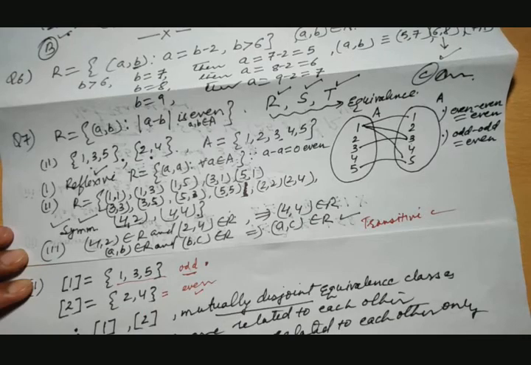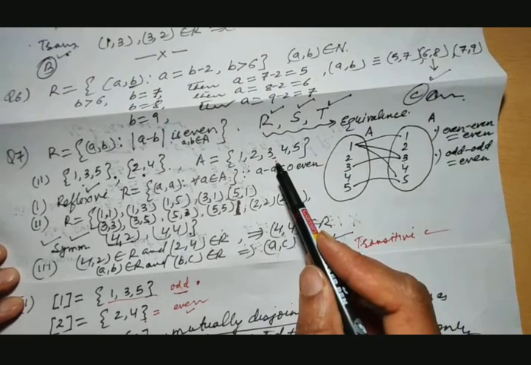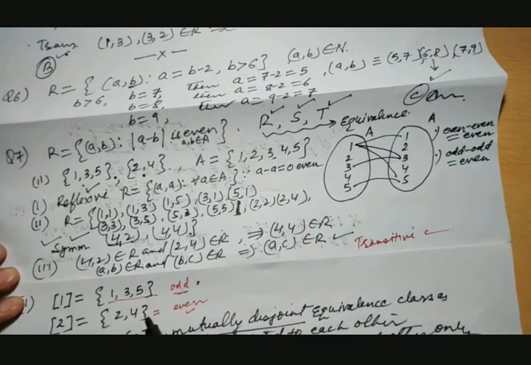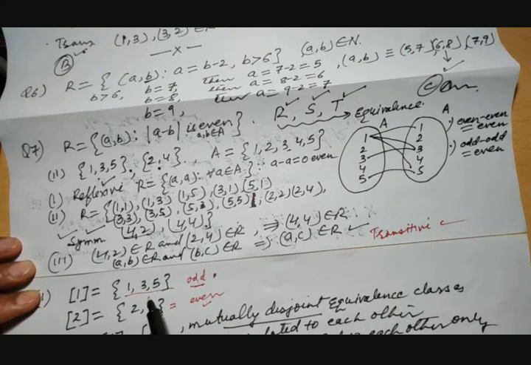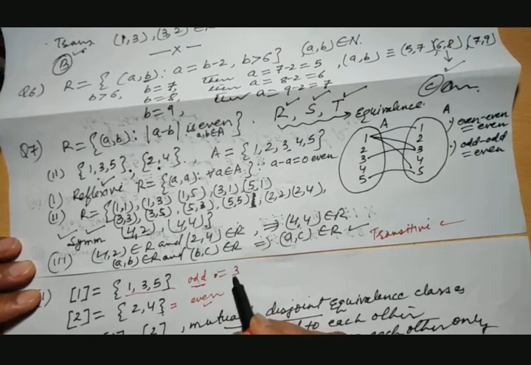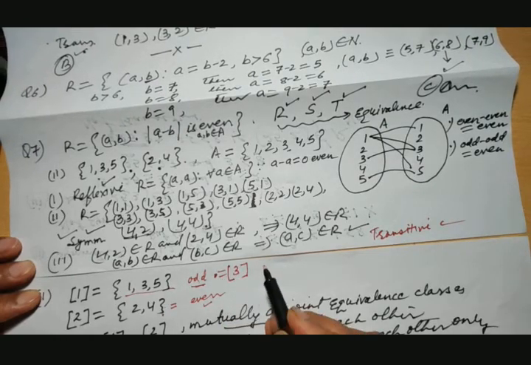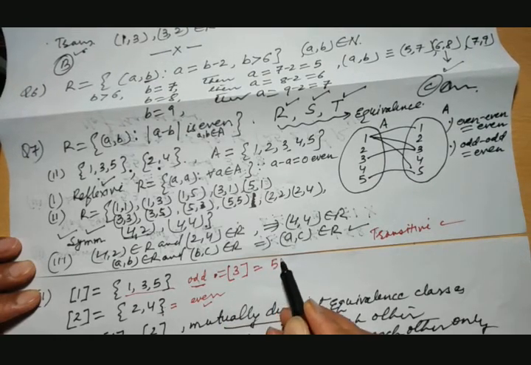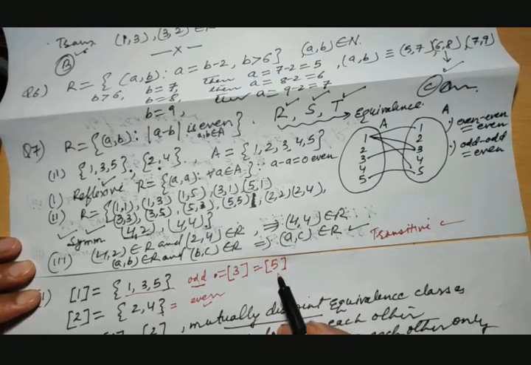So they classify themselves in another class. So the whole set A has been divided into two classes. These classes are called the equivalence classes, represented by the element 1 here, or this is the same as the equivalence class represented by 3, or represented by 5.